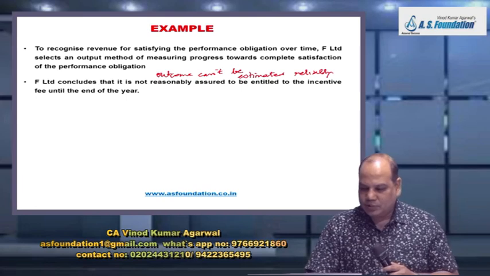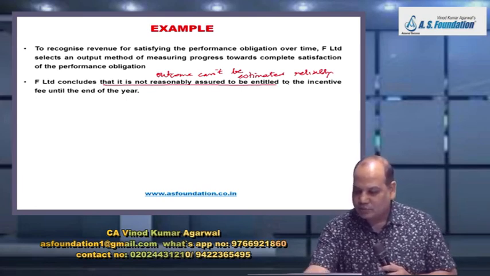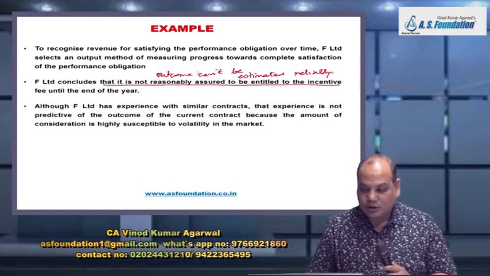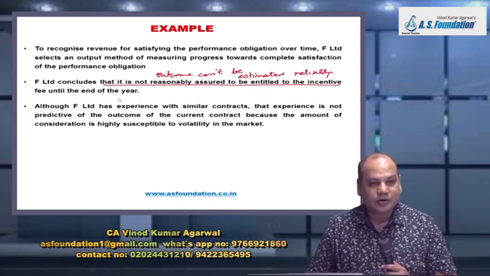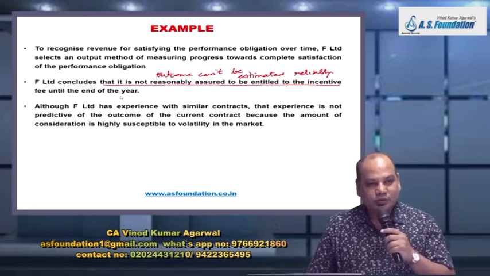If the outcome can't be estimated reliably, we should not recognize revenue. Okay? So, you cannot apply the progress method here because you are yourself saying, I am not sure whether the incentive will be earned at the end of the year. That you will get to know only at the end of the year.